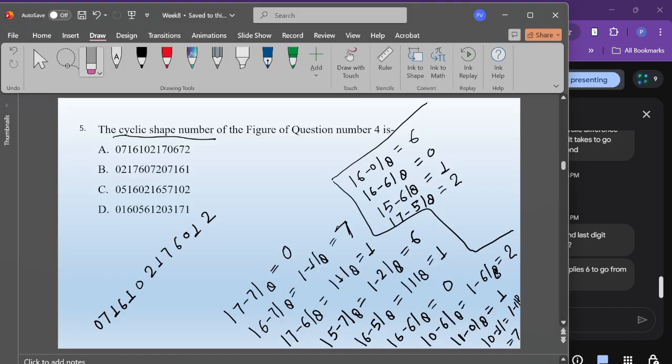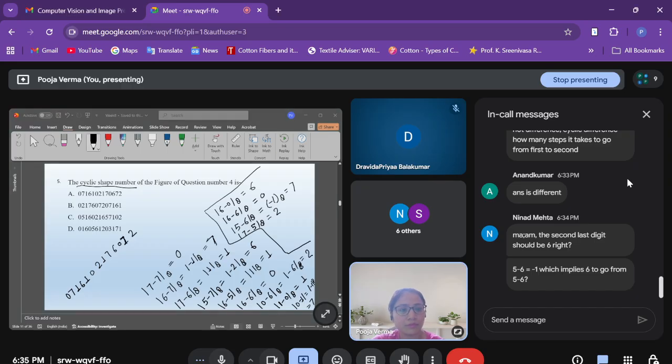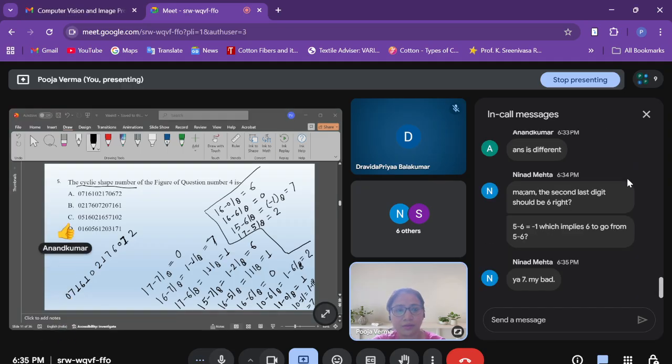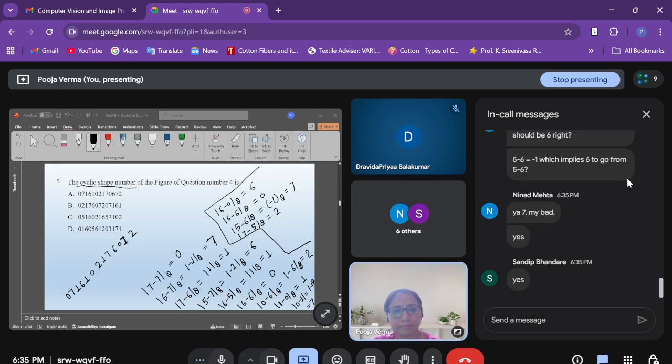Correct me, thank you for correcting me. It is minus 1 mod 8, so it should be 7. Right? Yeah, now it's correct. Everything?